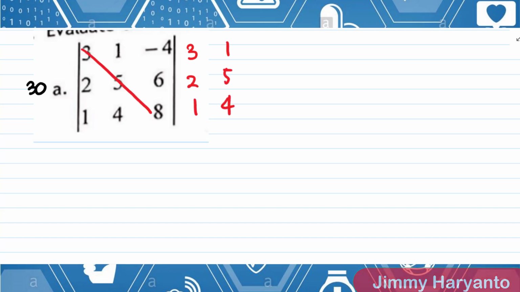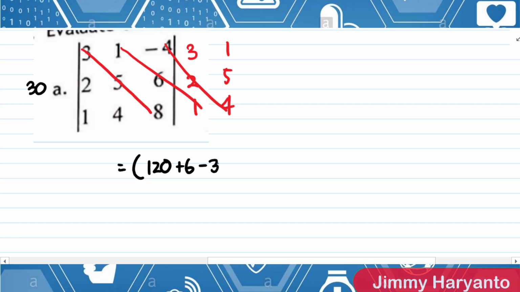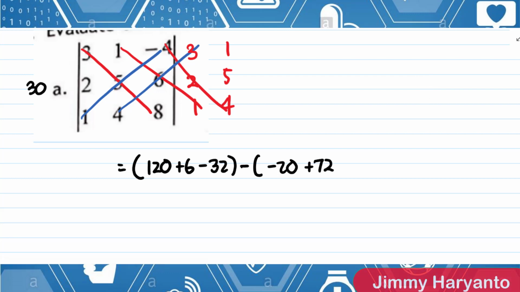So we have to multiply this equals 40, 120, and then we have to multiply this also plus 6, multiply this one also equals negative 32, and then minus the result with this one, negative 20, and then this one equals 18 times 4, 72, plus 72, and then the next is this one plus 16.